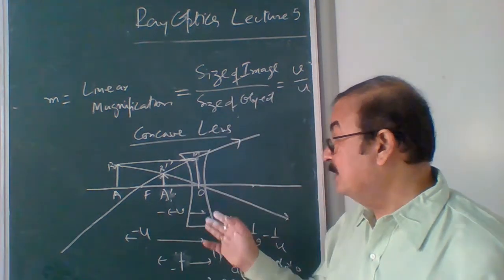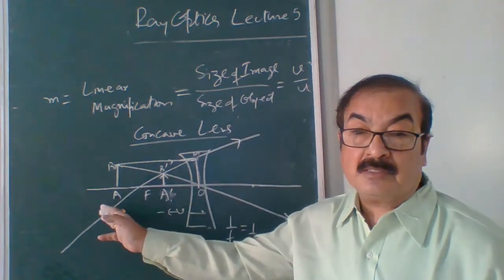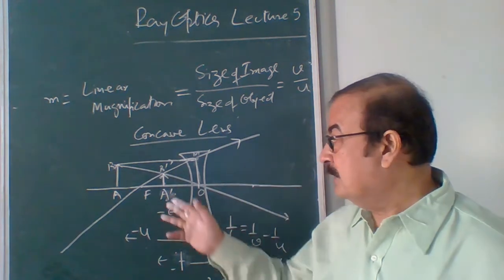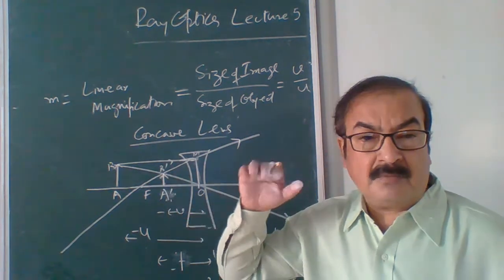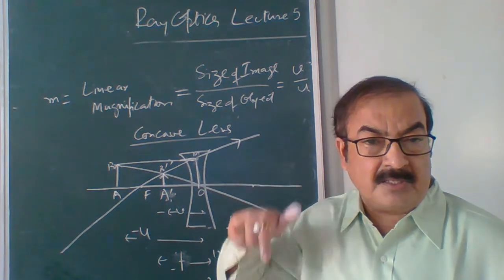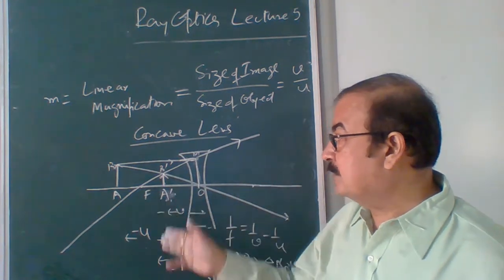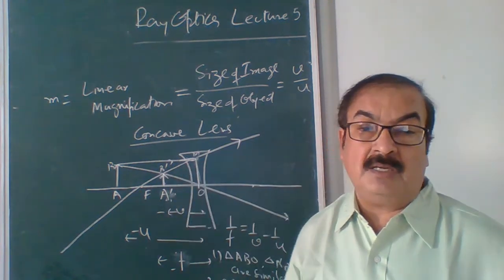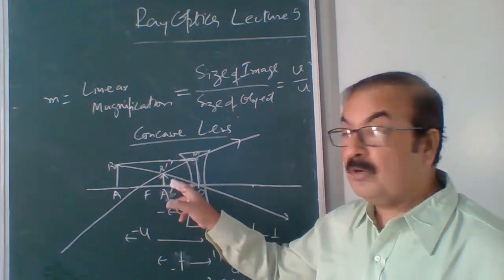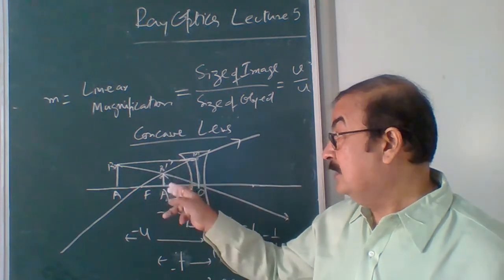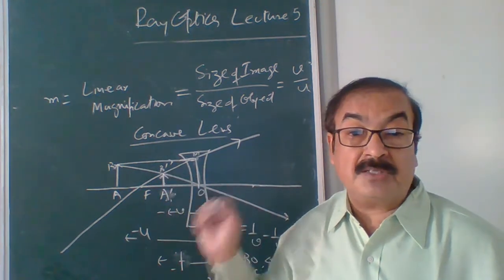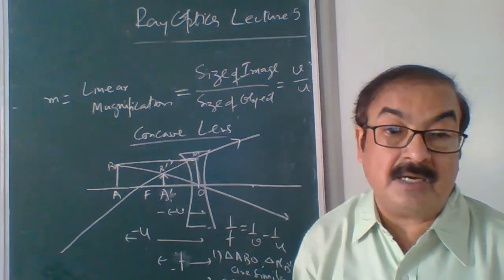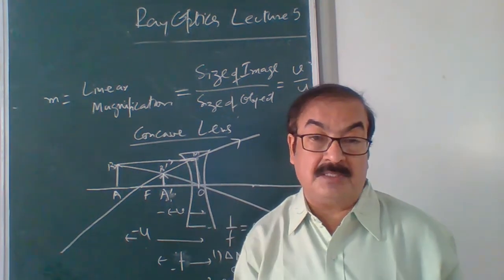Here we have placed it beyond the focus, as we did in convex lens, but there the image was real and inverted. For concave lens, the image is always erect, virtual and smaller in size.